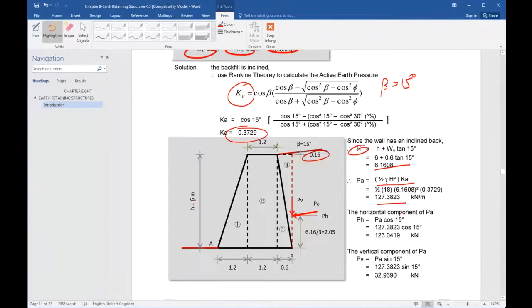Because it is a sloping force, you have to resolve this force into two components, the vertical component and the horizontal component. Of course, the horizontal component is PA times cosine 15 degrees, so you get 123. And the vertical component is 32.9 something, right?